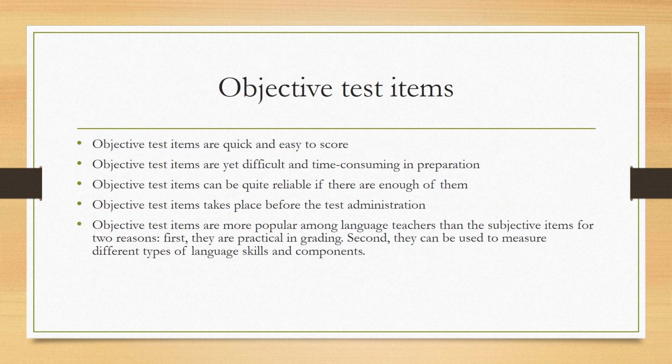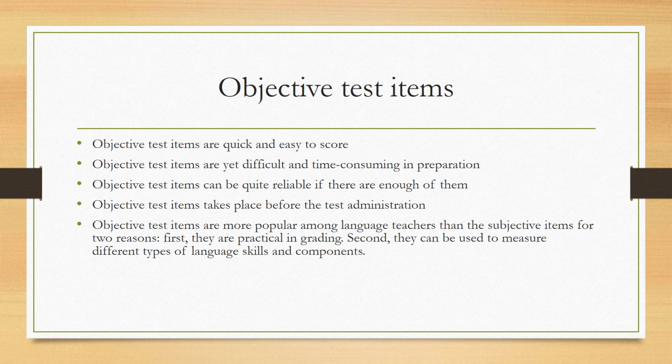They are quick and easy to score. You see, because as we said, the correct answers are already determined, so they are quick to be scored, and easy also. So they are practical in terms of scoring.